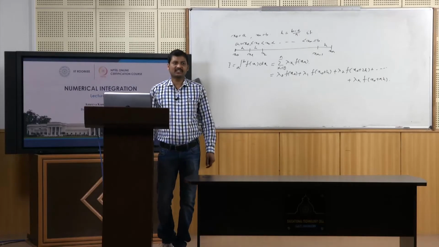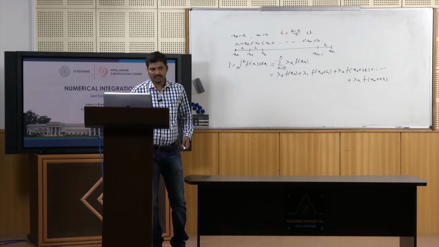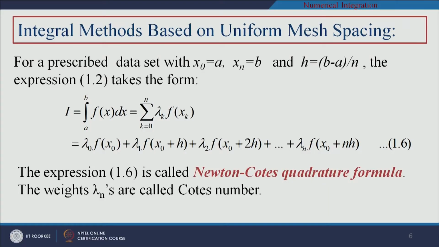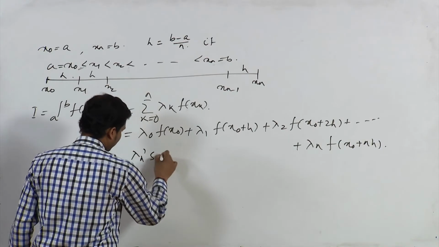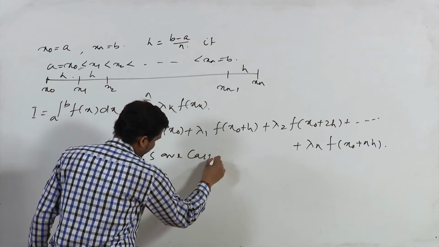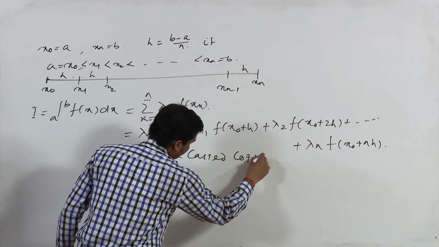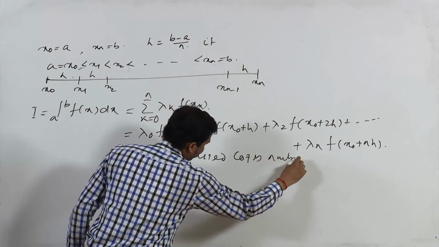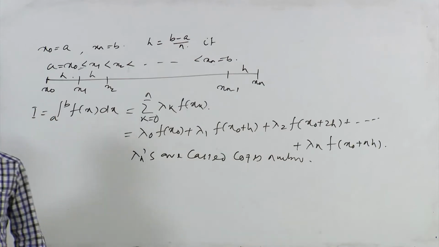And this expression is especially called the Newton-Cotes quadrature formula, and the λ's are called Cotes numbers here.